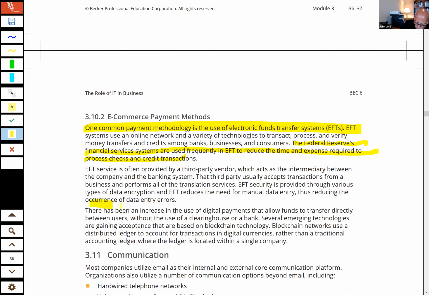Okay, there has been increased use of digital payments to transfer directly between users without the use of a clearinghouse or a bank. And the classic example there is blockchain, where networks use a distributed ledger to account for transactions in digital currencies rather than more traditional currencies.